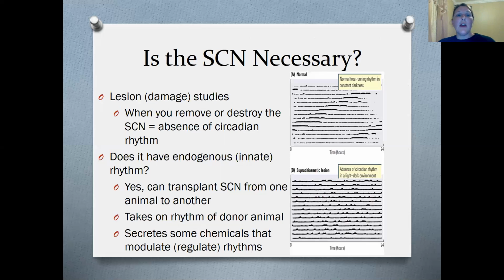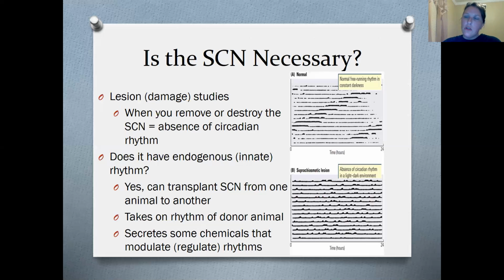Let's take the same animal and destroy or lesion out the SCN, which is what you see in B. So B is where the suprachiasmatic nucleus, or SCN, has been damaged. And so what ends up happening is they have absolutely no rhythm whatsoever. They are not experiencing a typical sleep-wake cycle, even when you introduce light.